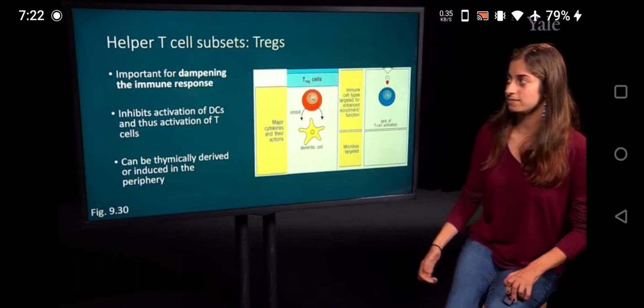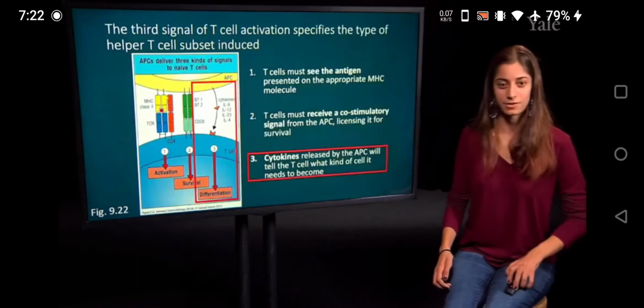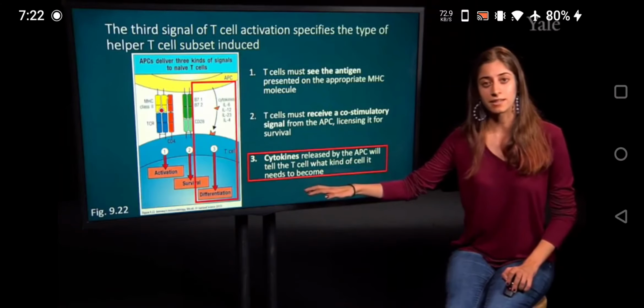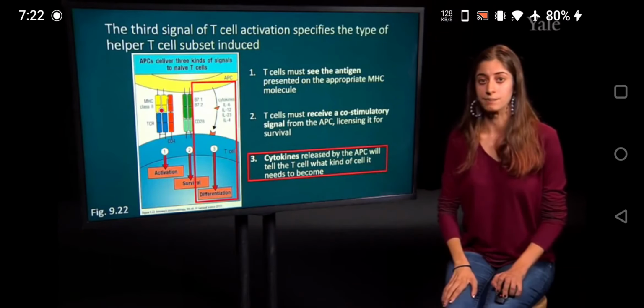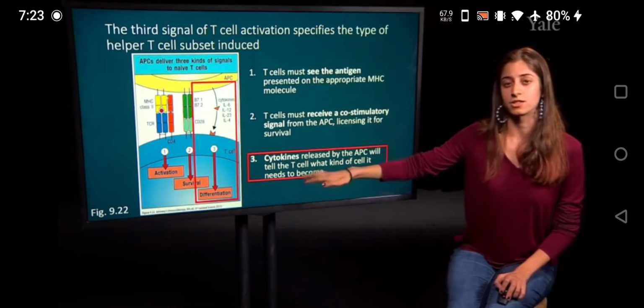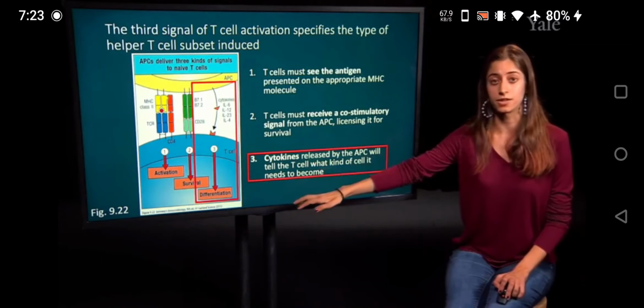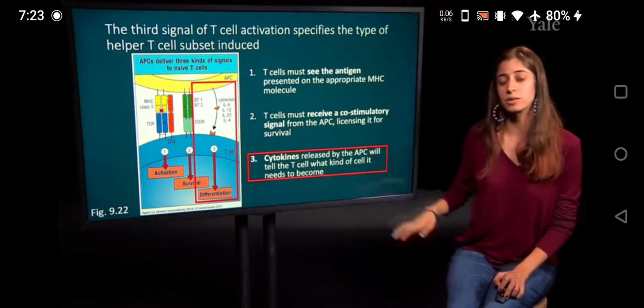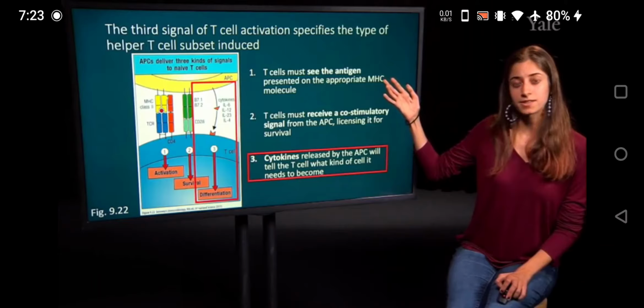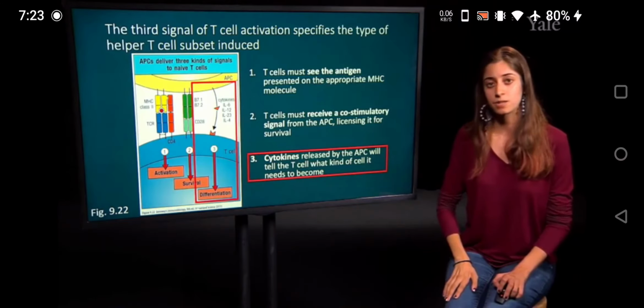As I mentioned earlier when we began talking about the different T cell subsets, all of this is determined by the third signal of the 3-signal step activation we talked about in the previous lecture. Remember that in the first step, T cells must see antigen presented on their appropriate MHC class 2.